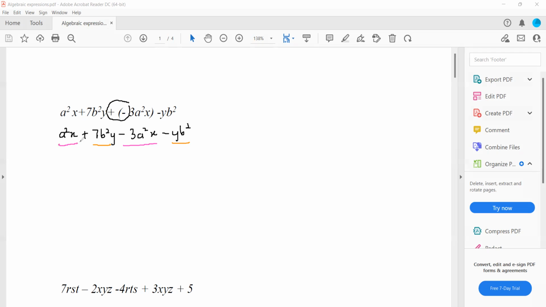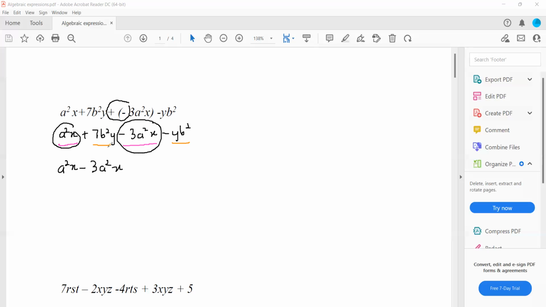Remember, once you've identified your similar terms, next we group them together. So a square x, minus 3a square x. Sorry, earlier it should be 3a square x. Notice that when I write the 3a square x, I'm maintaining the negative sign from the earlier one, so we take the minus sign as well.